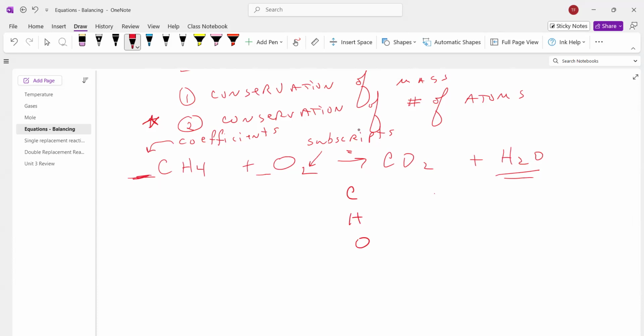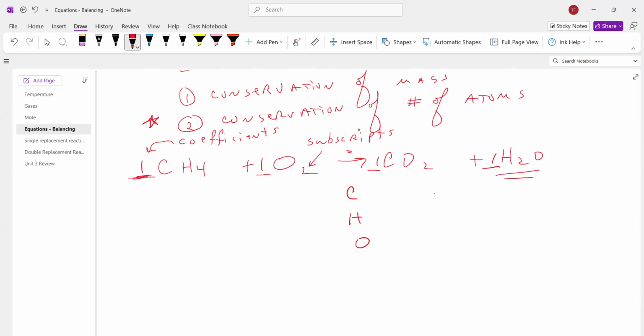So coefficients change, yes. Subscripts, no. No exceptions. Okay, so if there's no number in front, no number for the coefficient, it's the same as 1. So that's what we start with, 1, 1, 1, 1.